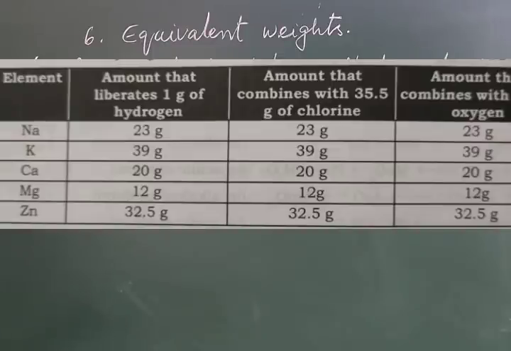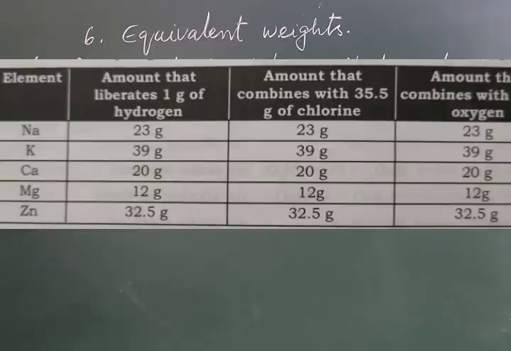In the same way, the amount of potassium that can liberate 1 gram of hydrogen, or react with 35.5 grams of chlorine, or 8 grams of oxygen is the same, that is 39 grams. In the same way, the amount of calcium that can liberate 1 gram of hydrogen, or react with 35.5 grams of chlorine, or 8 grams of oxygen is 20 grams only.